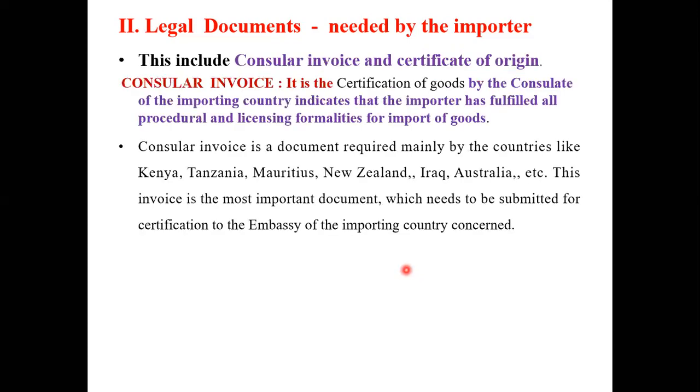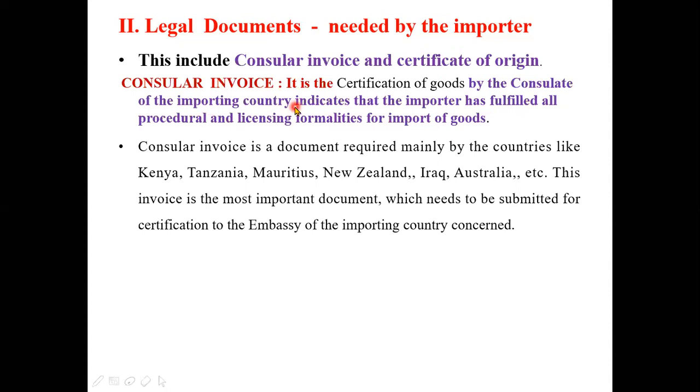Now, the consular invoice is the certification of the goods by the consulate of the importing country indicating that importers have fulfilled all the procedures and licensing formalities for the import of the goods. Now see, who is issuing this consular invoice? It is issued by the consulate office of the importing country.